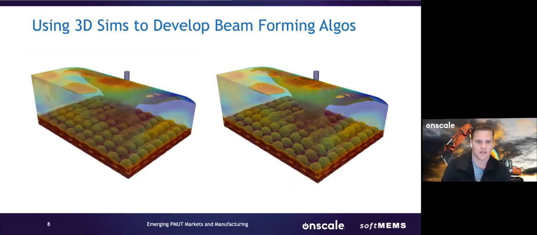Next thing I want to show you is how we can start to use 3D simulations and large array simulations to do things like create beamforming algorithms. And this is another nice feature of being able to simulate before you go build a bunch of prototypes.